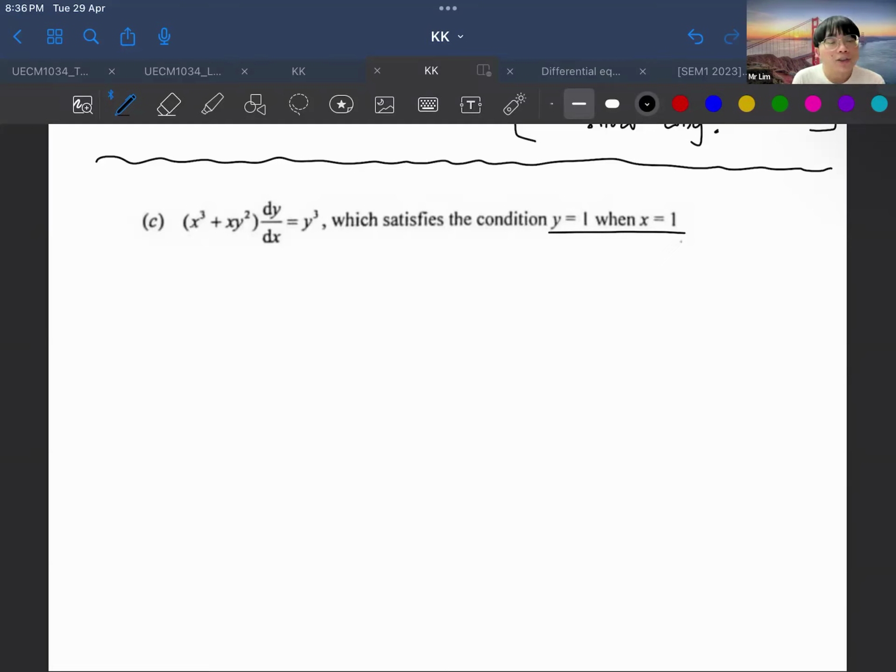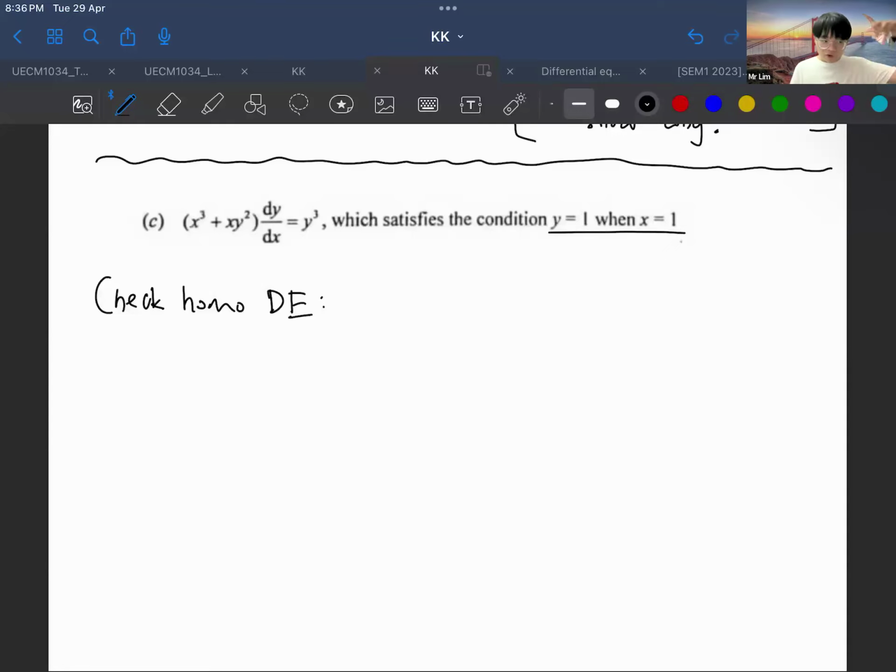For an equation like this, which satisfies the conditions, of course we first have to check whether it is homogeneous. So let's check whether it is a homogeneous DE.